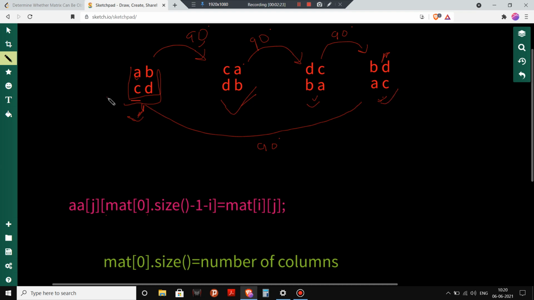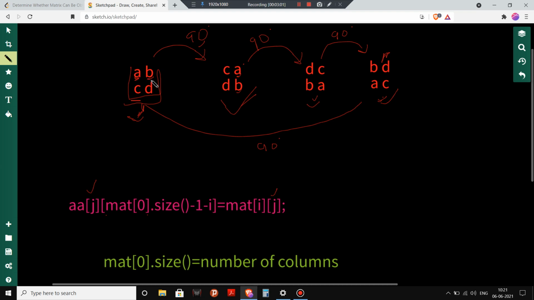And let's see how things are happening. We are having A here and we get A here after 90-degree rotation. We are having B here, we get B here after 90-degree rotation. So what we observe is that the column number becomes the row number of each element after 90-degree rotation. For example, the column number of A was 0, so the row number of A becomes 0.